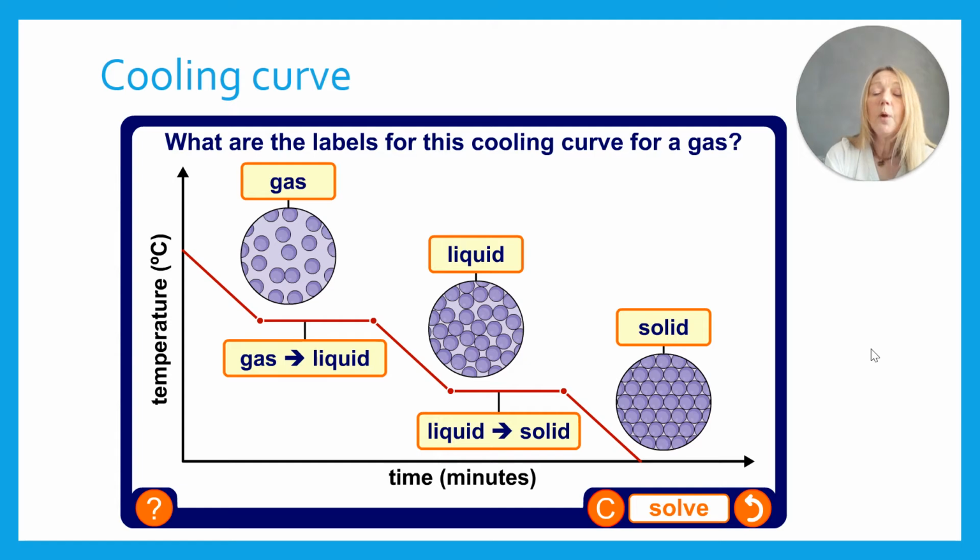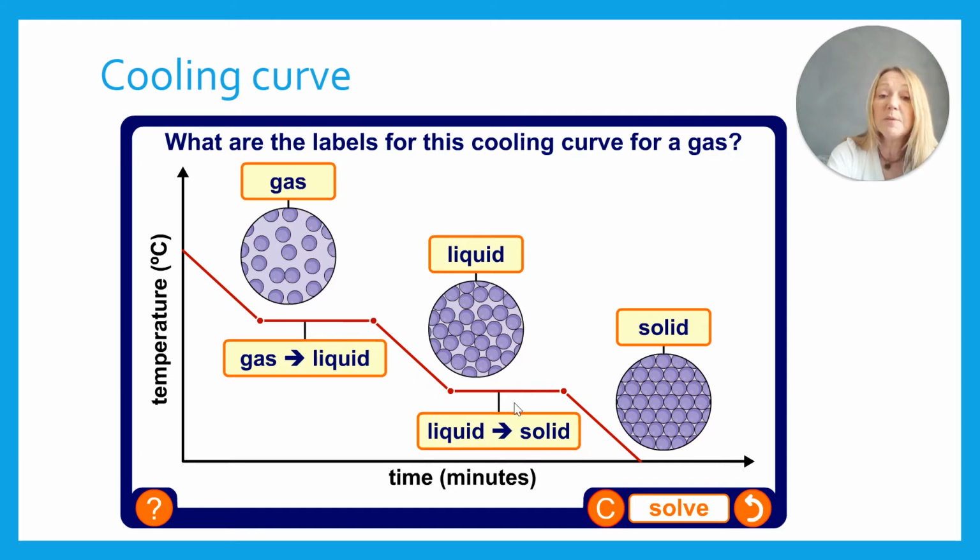And the reverse is true when we cool a material down. So if we start with a gas, as we cool that gas down, the temperature will reduce until it gets to the point at which it changes from a gas to a liquid. At this point we have a gas and a liquid, but the temperature does not change. What's happening here is that energy is being released in order to reform those bonds. Once everything has become a liquid again, the temperature cools down until we get to freezing point.